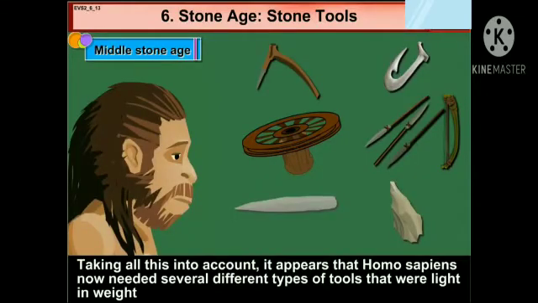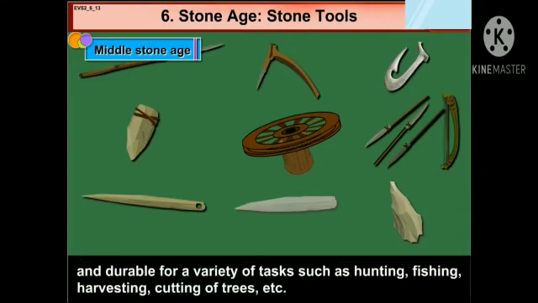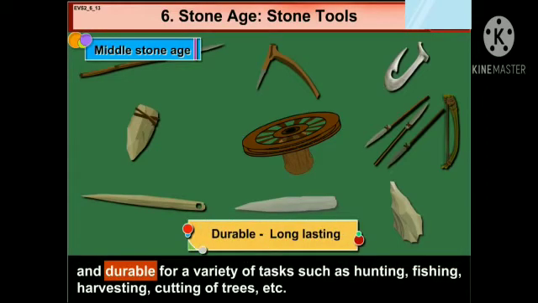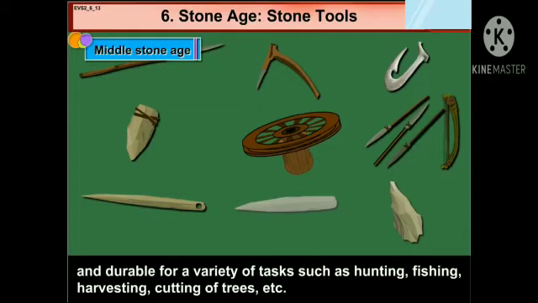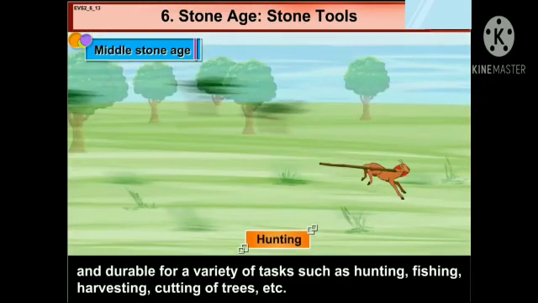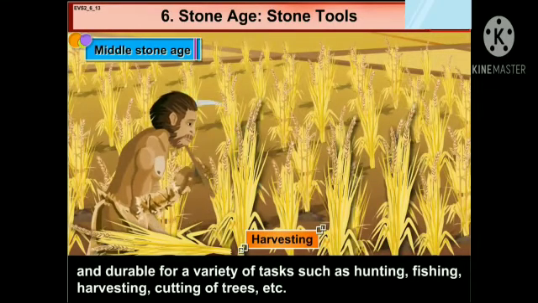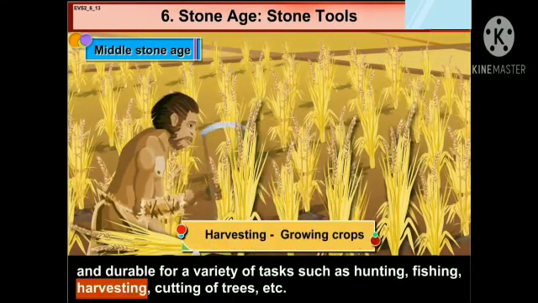Taking all this into account, it appears that Homo sapiens now needed several different types of tools that were light in weight and durable for a variety. Durable means long lasting. Variety of tasks such as hunting, fishing, harvesting, cutting of trees.